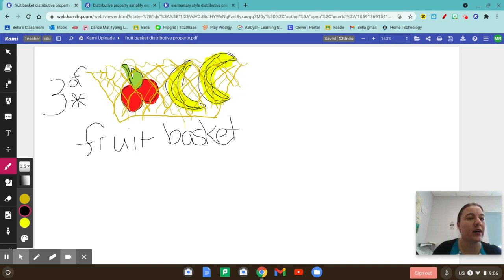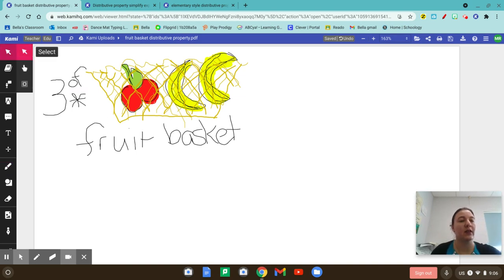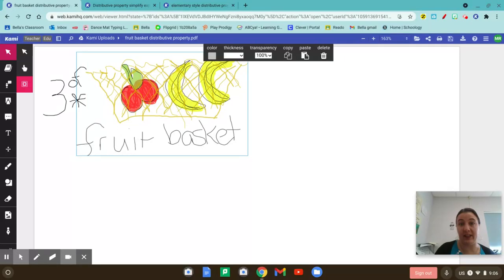And I hope I copied it already because that would stink. I was going to copy this cool new feature I tried out here on Cami. I'm going to do this again. I'm going to copy it. So I press the copy button. So I need 3 of these fruit baskets, and I want you to simplify that for me. Simplify means to summarize what you see.